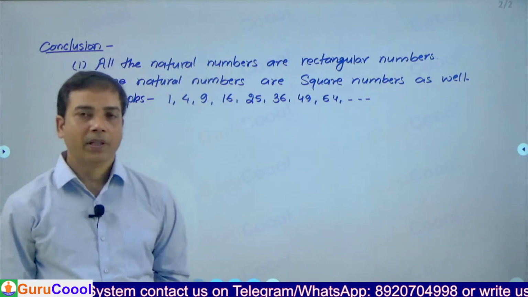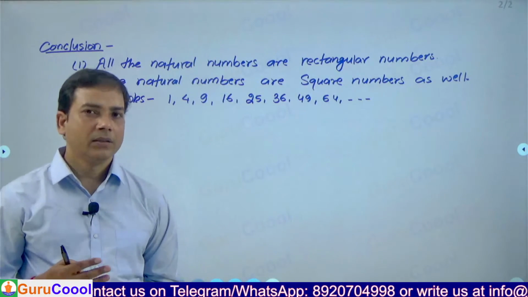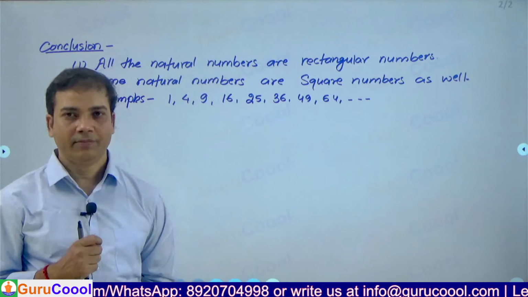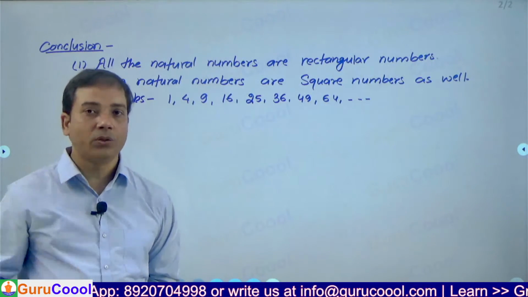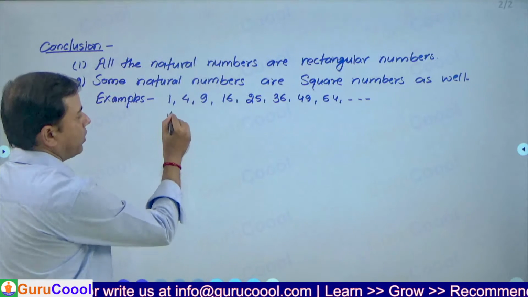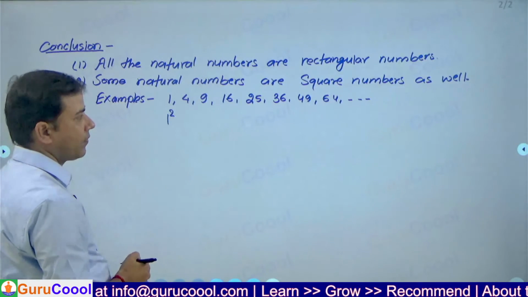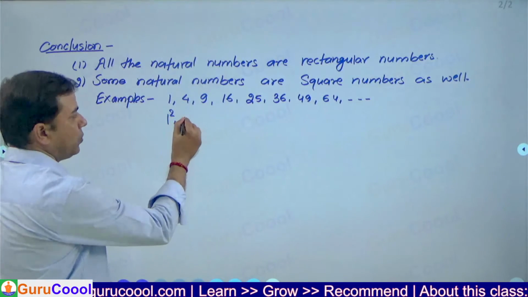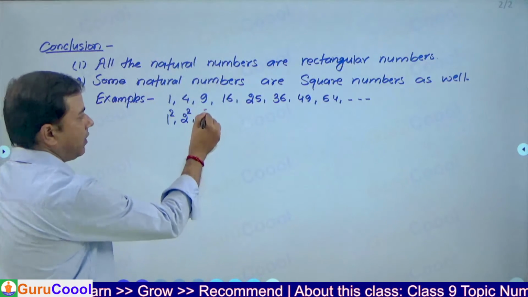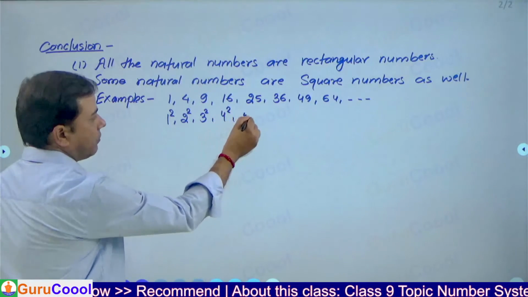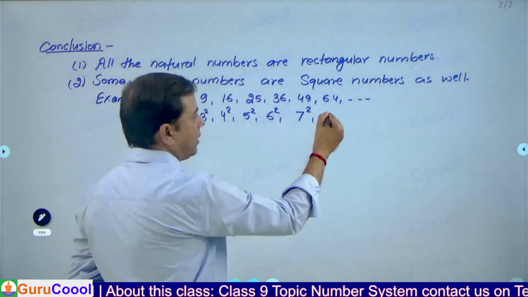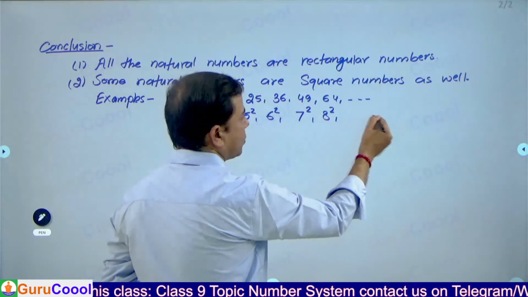Now you might be thinking how to find these square numbers readily available without thinking too much. It's very easy. 1 is nothing but 1 square. 4 is nothing but 2 square. 9 is 3 square, then 4 square, then 5 square, then 6 square, then 7 square, then 8 square, and then so on.